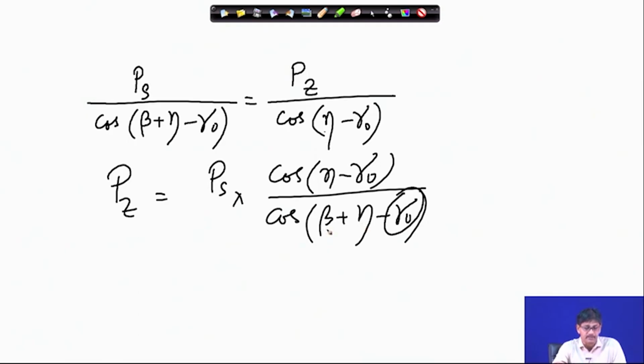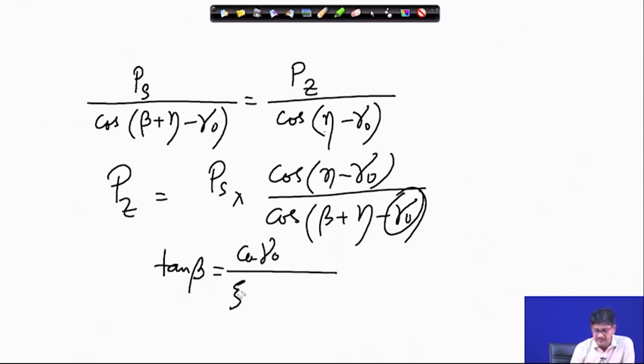If you remember, in the last lecture we had established a relation between tan beta and zeta. Okay, tan beta and zeta. It was something like, if I remember correctly, tan beta is equal to cos gamma 0 by (zeta minus sin gamma 0). Okay.